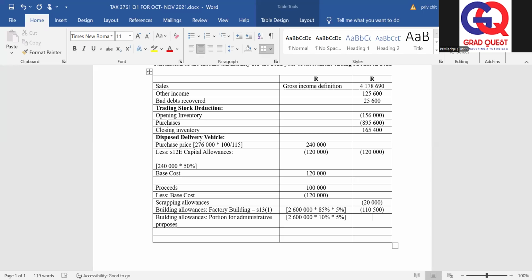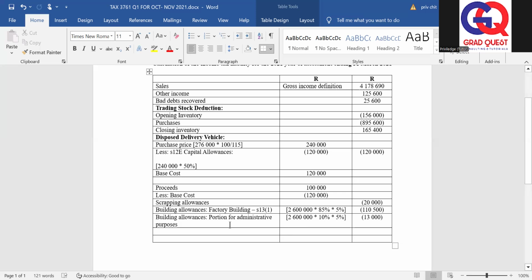So if you do the mathematics, how much are you going to get? It's giving me 18,000. Because 2.6 million times 10% times 5% should give you something like 13,000. Oh, I didn't add the 5%, sorry. Yeah, you should have added it.